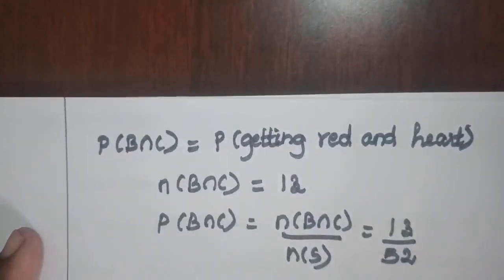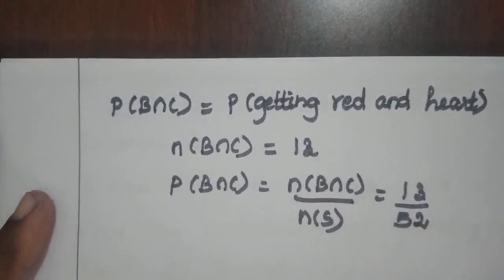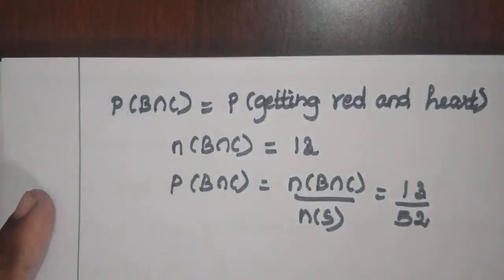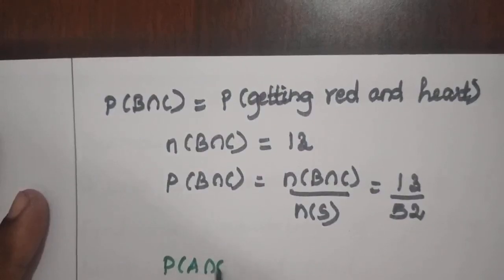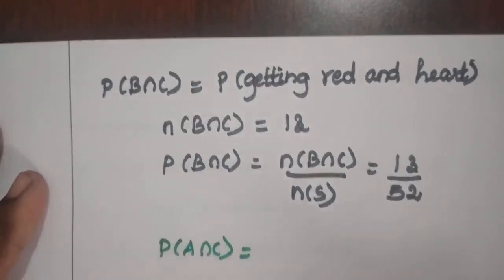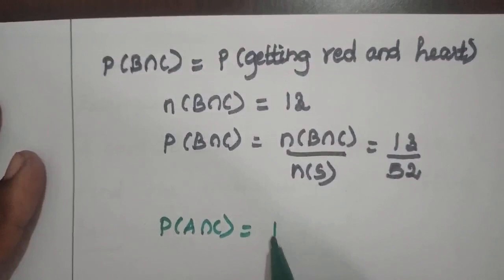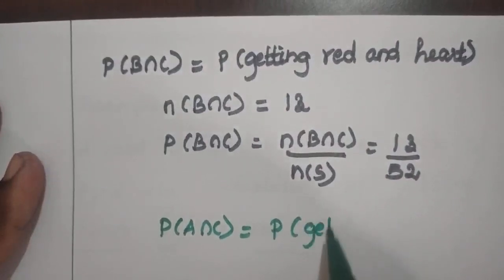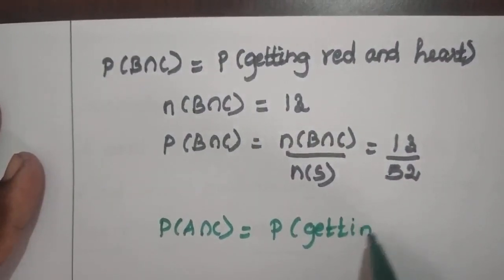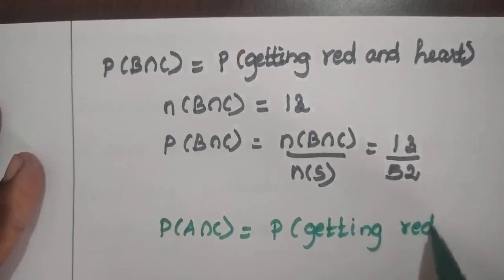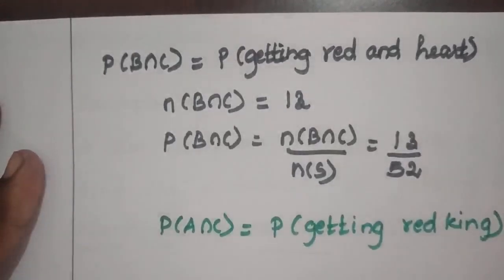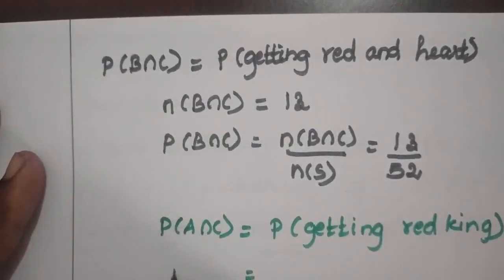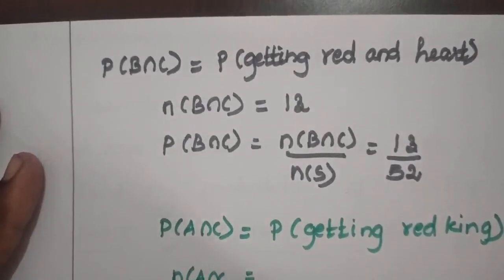So what is the next step? Yes, next step we have to find P of A intersection C. So P of A intersection C is the probability of getting a red king. What will be n of A intersection C then?